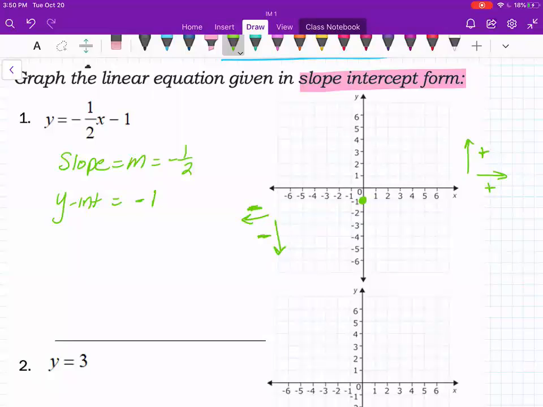So if you are going to have a negative slope from this point, I'll change the color so we can see it, we have to either go up and to the left, this way, or we need to go down and to the right. We have to have one positive and one negative.